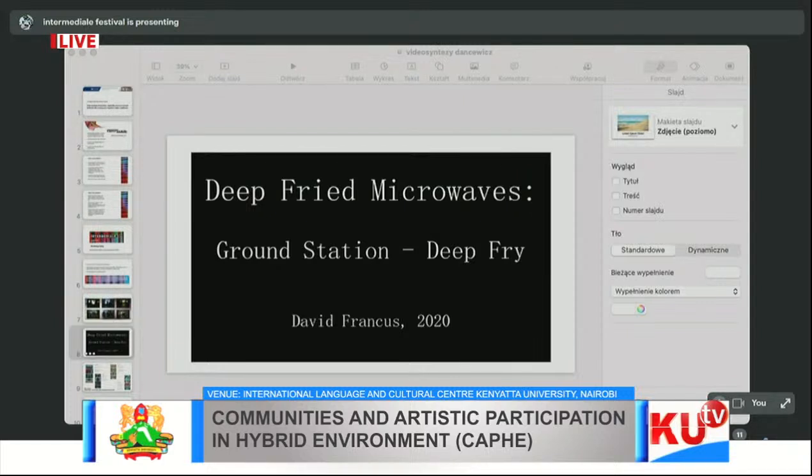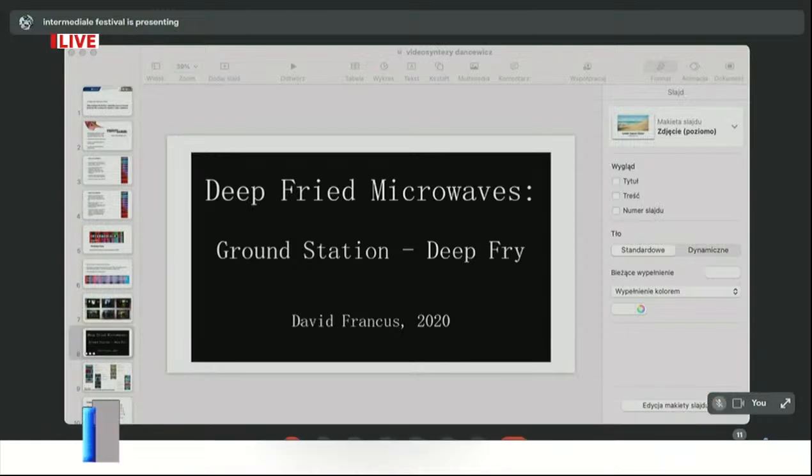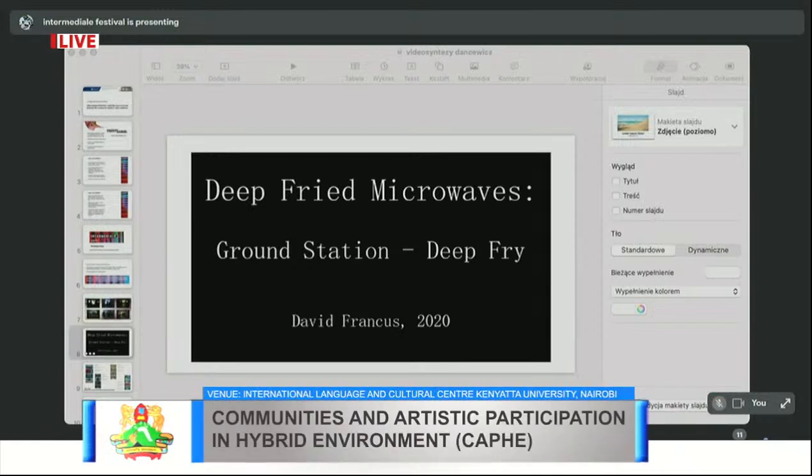There is a specific meaning of the title of the work. Deep fried, as an adjective in the culinary sense, means being cooked by immersion in hot oil or fat. And there is also another informal technology meaning, which means heavily filtered or over-processed for artistic or comedic purposes when it comes to some image or memes.